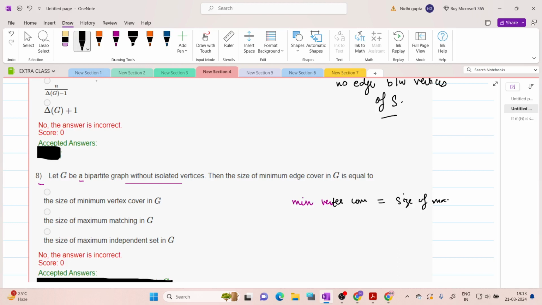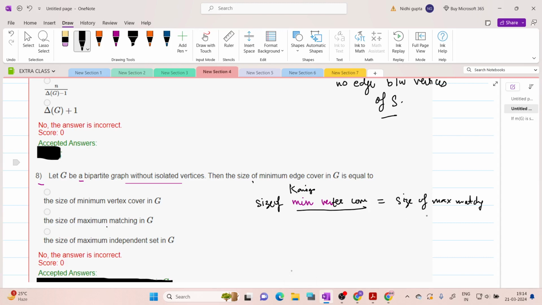That is Koenig's theorem: if we have a bipartite graph, then the size of the minimum vertex cover is equal to the size of the maximum matching. But the size of the minimum edge cover is not the size of the maximum matching. Therefore you cannot directly conclude that it will come out to be the size of the maximum matching.